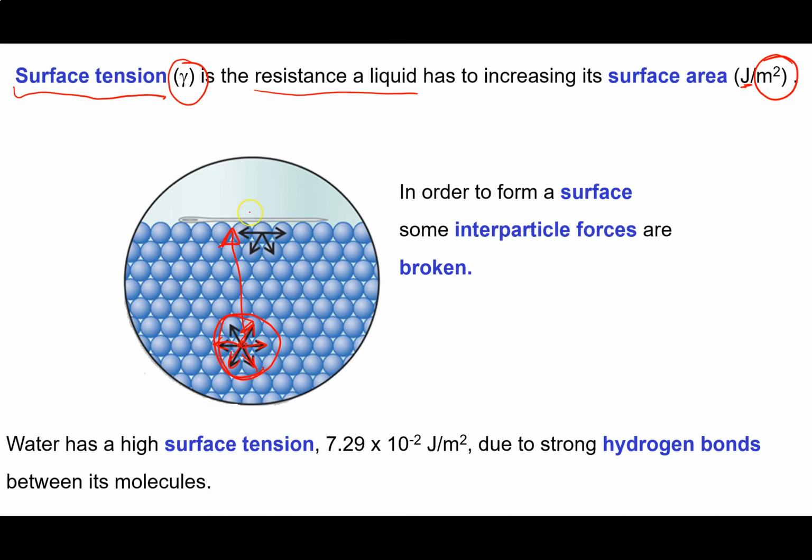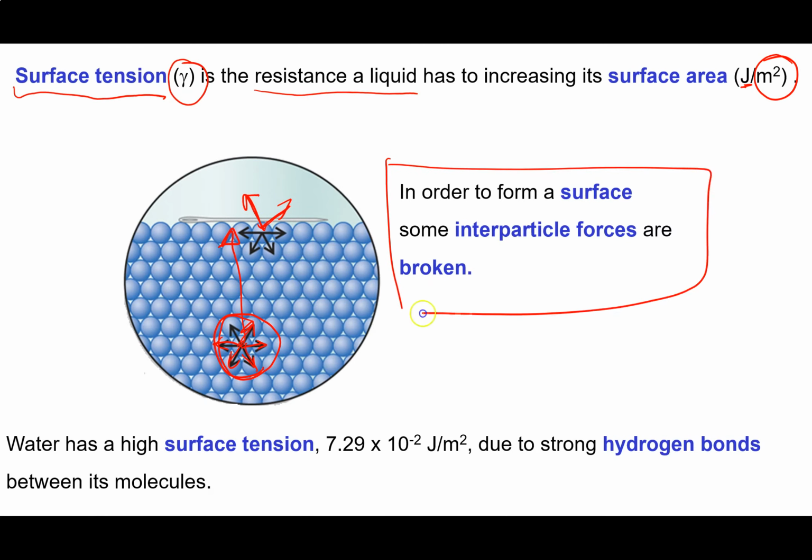And a lot of those intermolecular forces are not going to be reformed, so you don't get that energy back. That is, in order to bring a molecule to the surface and turn it from being in the bulk to being in the surface, you have to break some interparticle forces, and as a result, that costs energy.